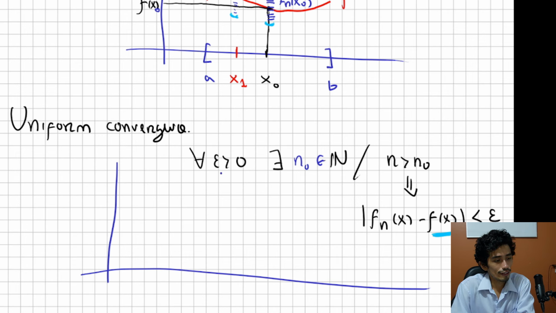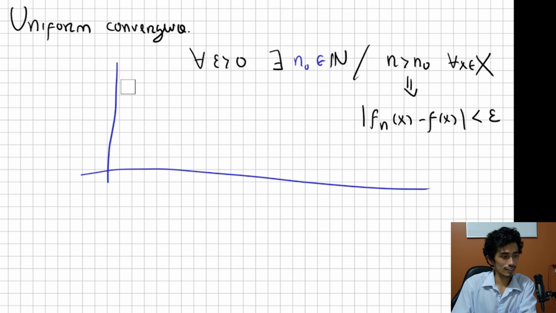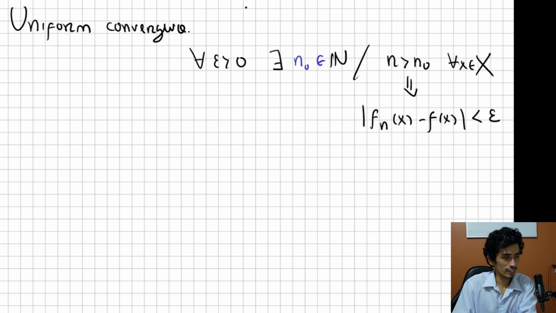For any epsilon bigger than 0, there exists some index such that this works, but now not only for every n, but also for every point of the domain. This makes a lot of things easier.